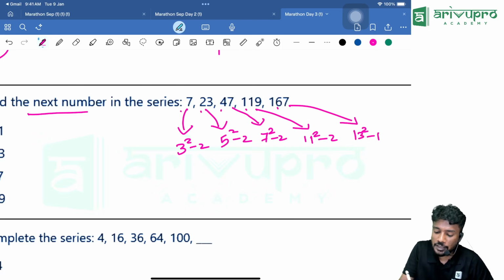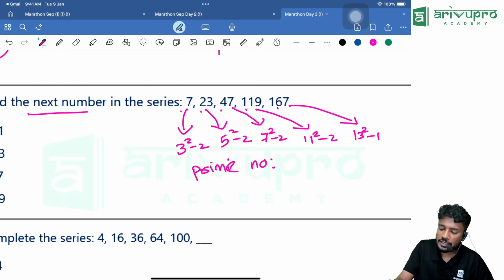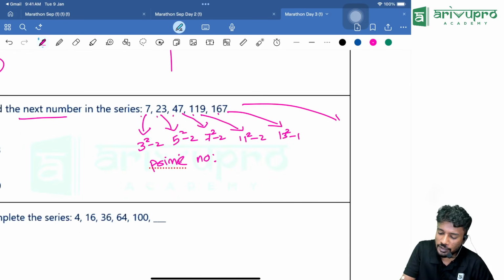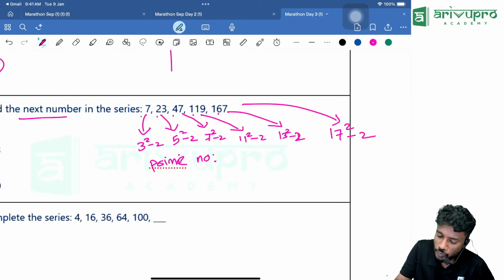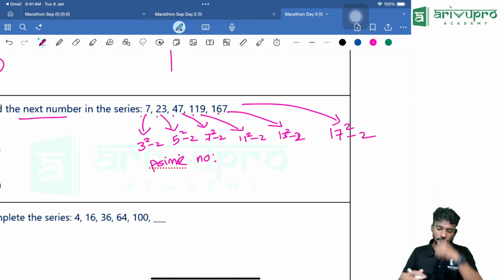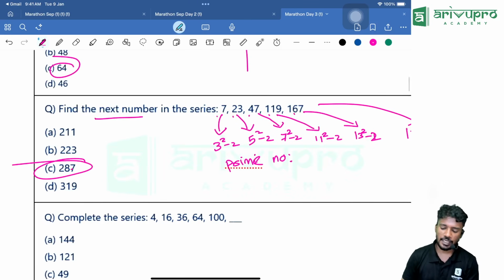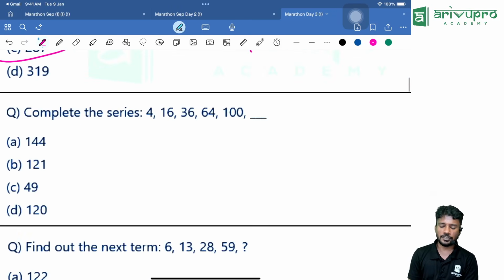But what is the pattern? Prime numbers. The next prime number is 17. 17 square minus 2 is 287. That is the answer.